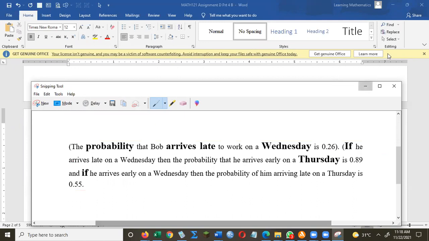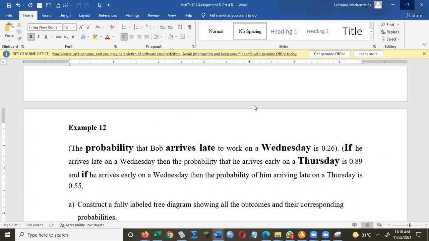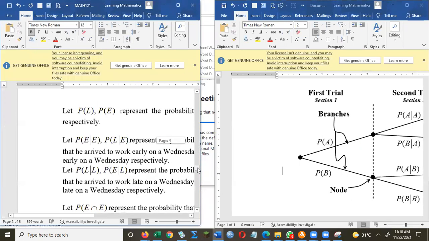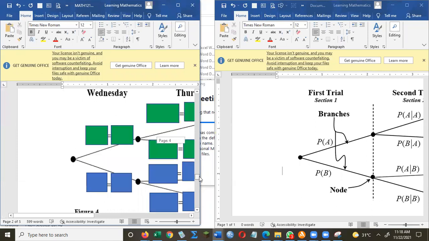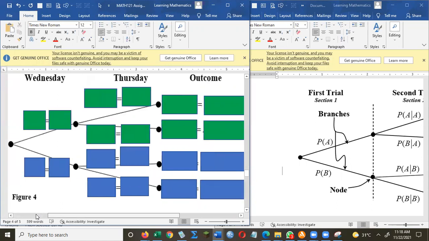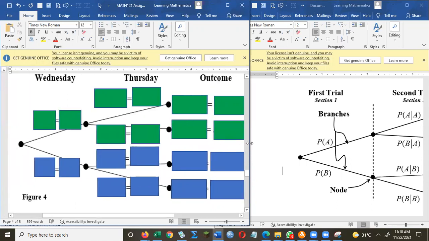Always bear that in mind. So that whole paragraph can be converted to a diagram. It's called a tree diagram. Something that is actually happening can be converted to a diagram. Bob coming to work, his activity of coming to work, can be represented on the diagram.